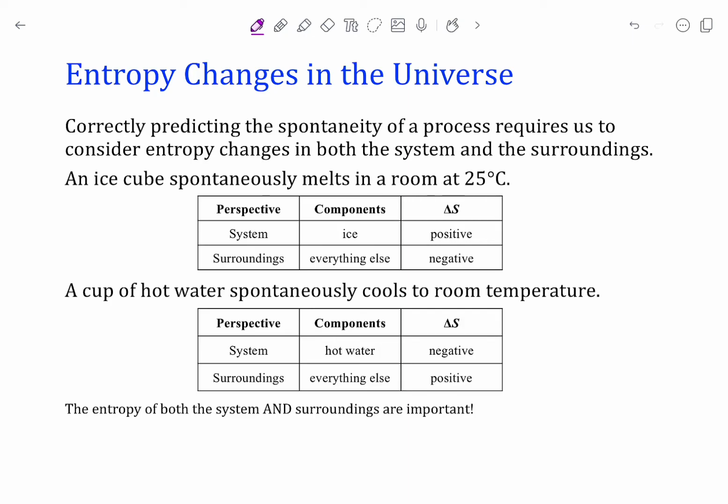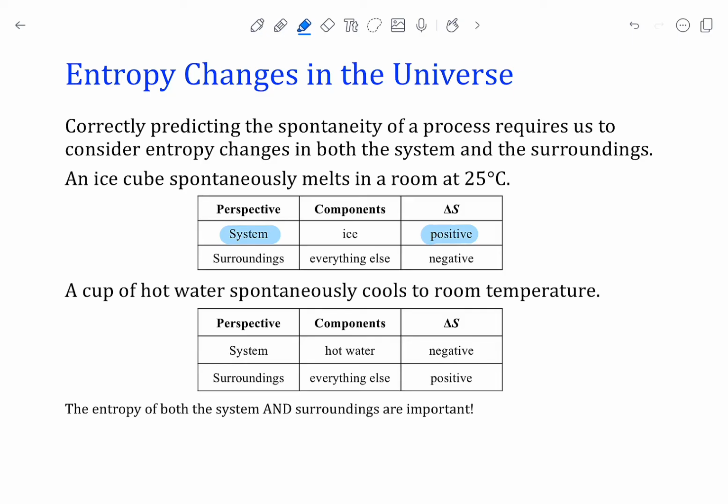So, correctly predicting the spontaneity of a process requires us to consider entropy changes in both the system and the surroundings. So, an ice cube will spontaneously melt at room temperature when it's at 25 degrees Celsius. In this scenario, our system is the ice, and it has an entropy change that is positive.